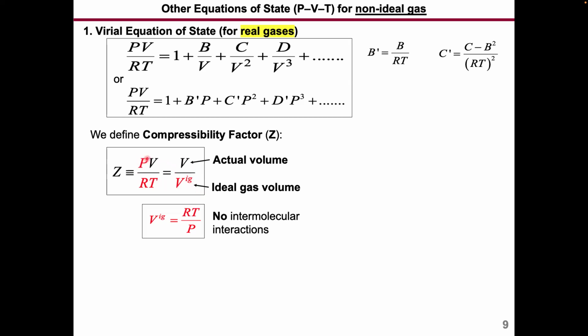So PV divided by RT is defined as the compressibility factor. Z, the compressibility factor, is equal to the actual volume divided by the ideal gas volume, okay? If Z is equal to 1, then your actual volume is equal to the ideal gas volume, so your real gas is behaving like an ideal gas, right?